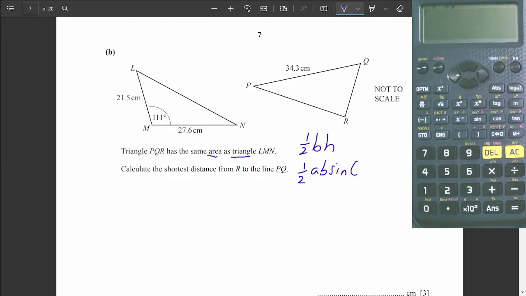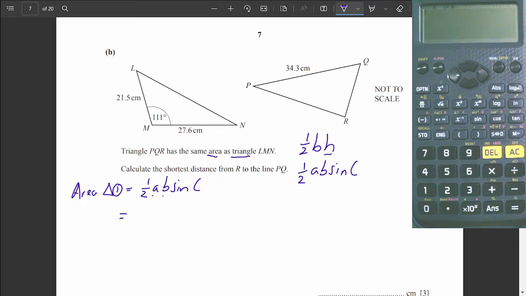Right. Do we have a perpendicular height of the triangle? For example, that would have been the height of the triangle there, but we don't have it. Or maybe we could have had the height going this way, but we don't have it. I mean, we can try and work it out using SOHCAHTOA, but it will be a lot quicker using that second formula. So the area of triangle 1 is half A, B, and C. This will be the quickest method.